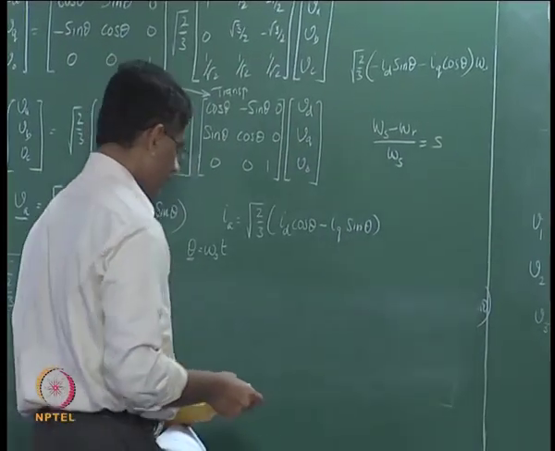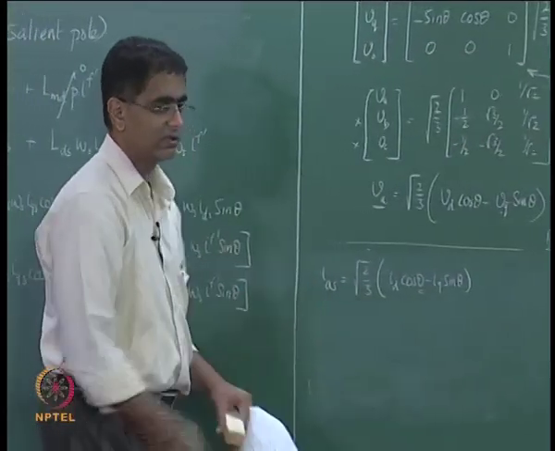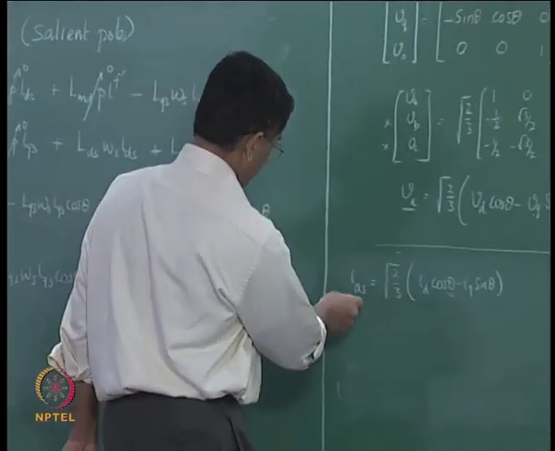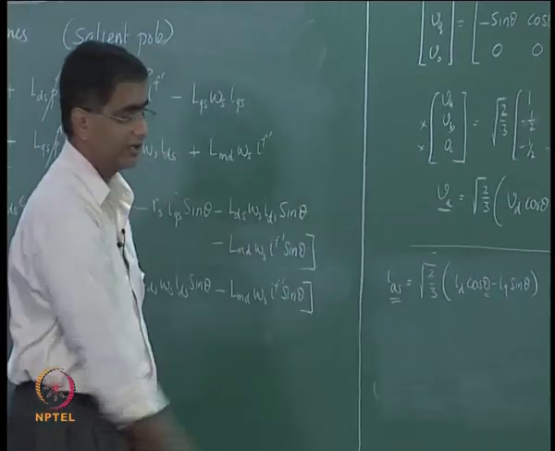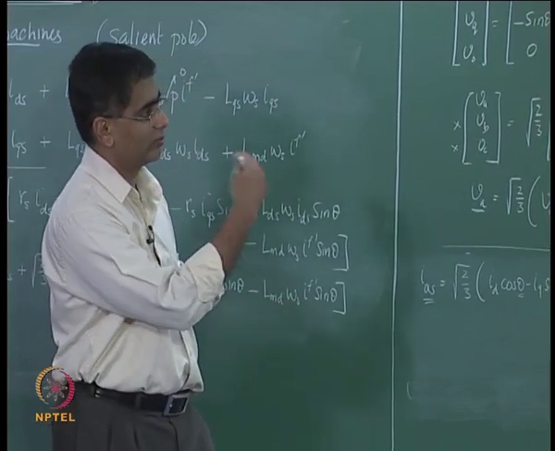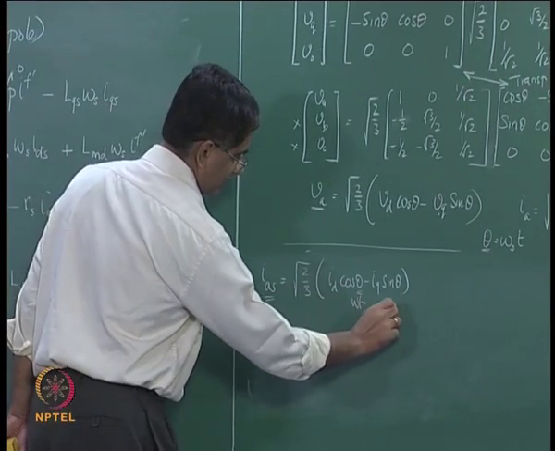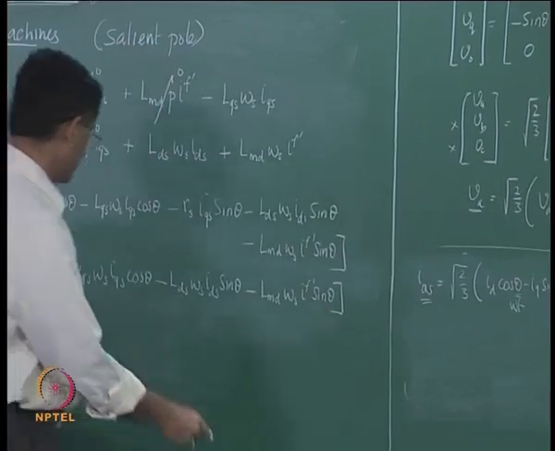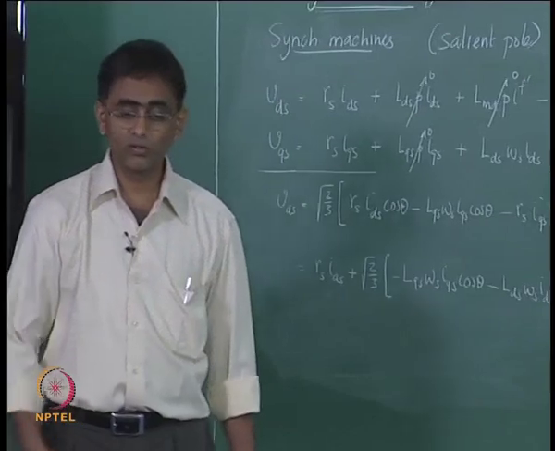So it is important to understand or recollect this, because what we are going to be dealing with is these kinds of phasors. So this term Ias equal to root 2 by 3 sin omega t into Id cos theta minus Iq sin theta can now be converted into a representation as phasors, because theta is nothing but omega t and this is also omega t, and that is going to come in useful in simplifying this equation further into the phasor notation.